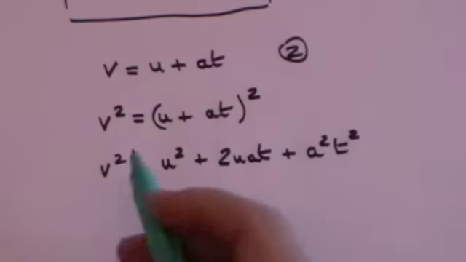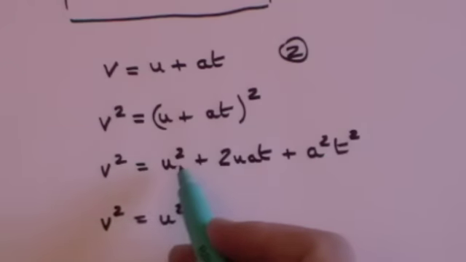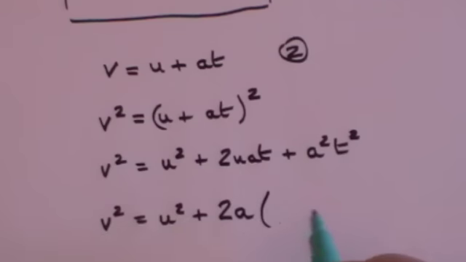Now watch how I manipulate that. v squared equals u squared, well that's just that equals that, plus I'm now going to take 2a on the outside and put the rest in brackets. Well, if I take 2a out, I'm left with ut.